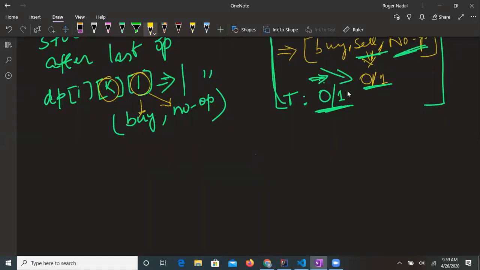How do we know, by looking at this equation, that the no op here is different from the no op previously? Because for the no op here, we assume that we already have one stock in hand, versus the top, where we assume we have 0 stock in hand. In this class of problem, we are not asked to figure out what operation we did. I am explaining buy or no op just for understanding, because that will help you write the transition function.